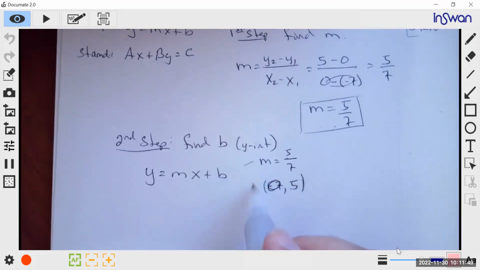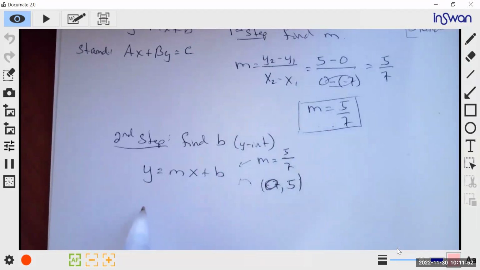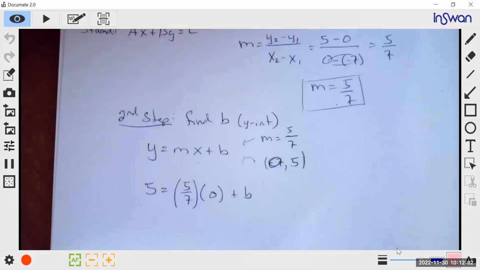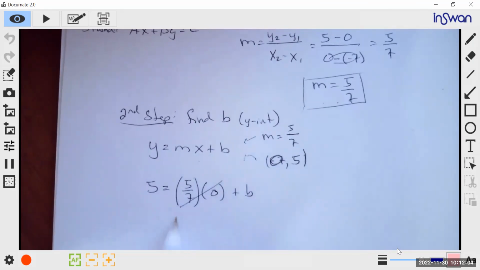Now, I plug both of these into my equation. 5 equals 5/7 times x, and the x value is 0. Anything times 0 is 0, so b equals 5.